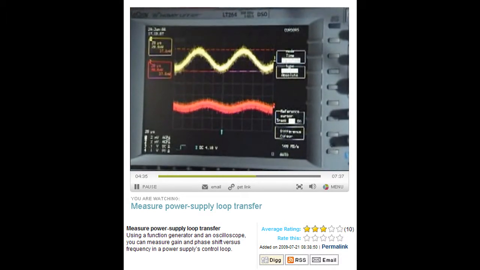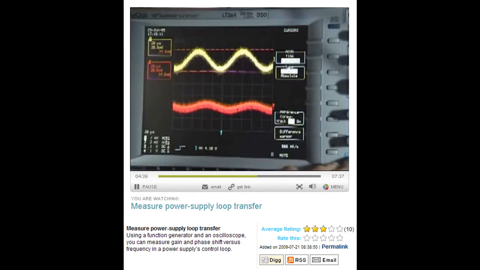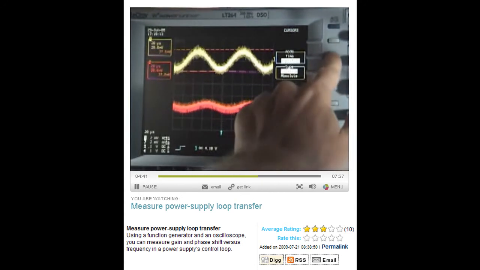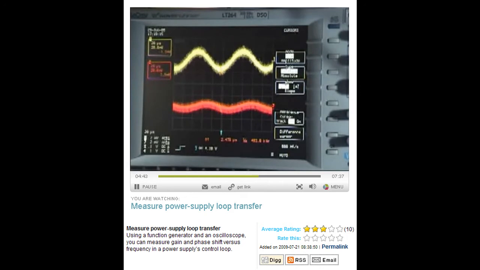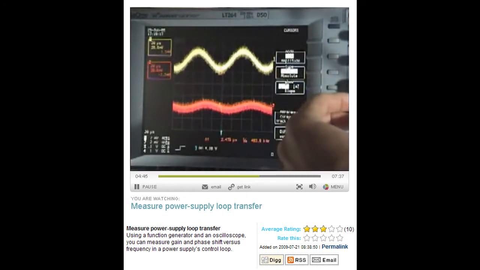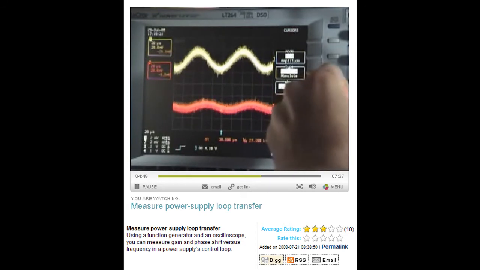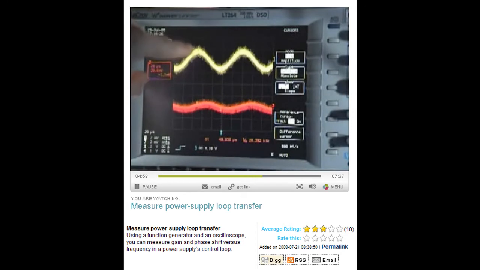And now it's also interesting to see what the phase shift is, and that's easy to measure. We just change our cursor here to time, and we need a reference point, which is, let's say, the peak here of channel 1.